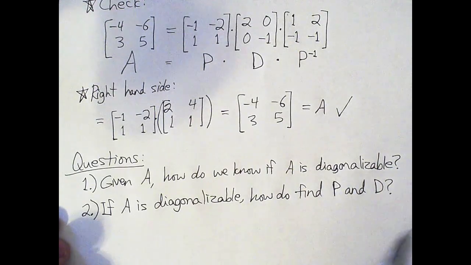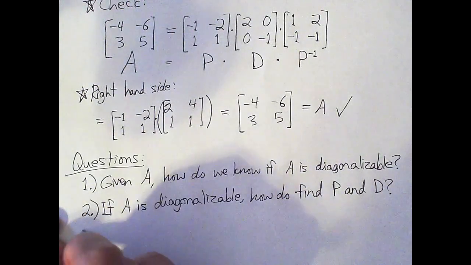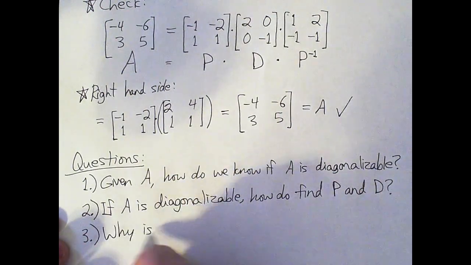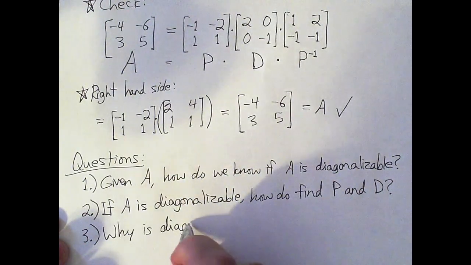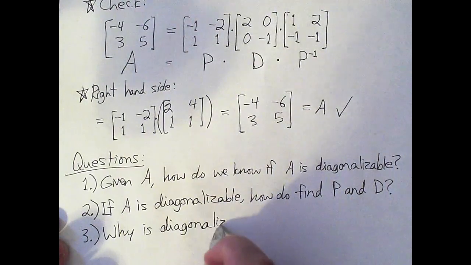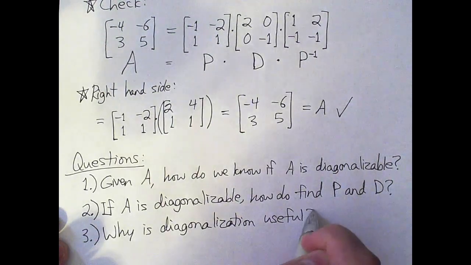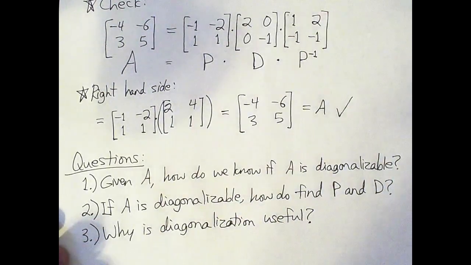So it's really just a question of how do you find those two? And number 3, why is diagonalization useful? We'll see a use for it. We'll get to all 3 of these questions, but before we can answer them, we need some theorems. We haven't had any theorems in a while.